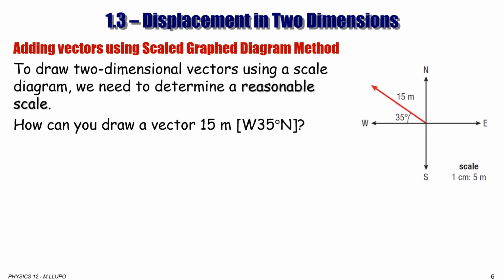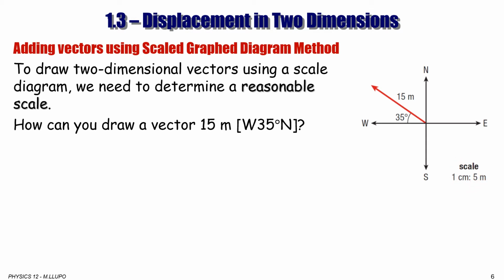For example, if you have a 15-meter west 35-degree north, you have to use a scale that is 1 centimeter for 5 meters. So you have to write it down.